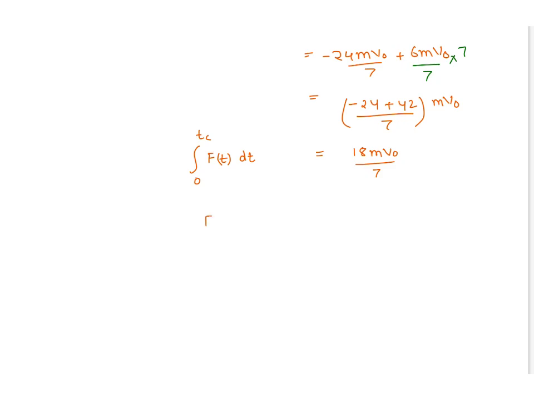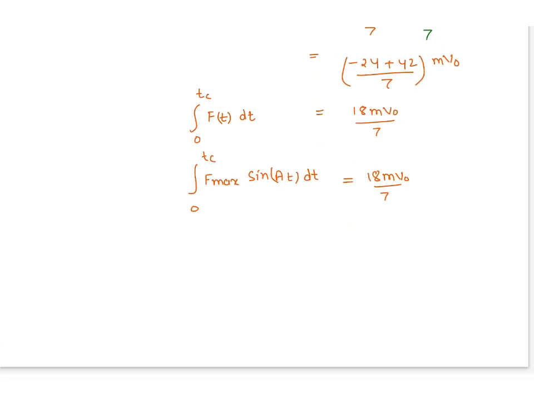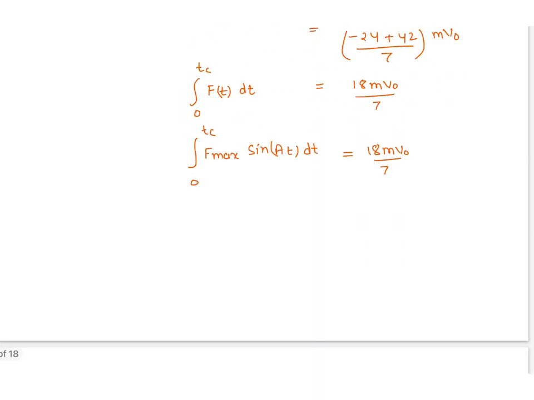F(t) was given to be Fmax sin(at) dt, and the limit is from 0 to Tc. This will be equal to 18 m v naught by 7. Since Fmax is constant, it can be taken out. Integration of sin(at) dt, limit 0 to Tc, should be equal to 18 m v naught by 7.